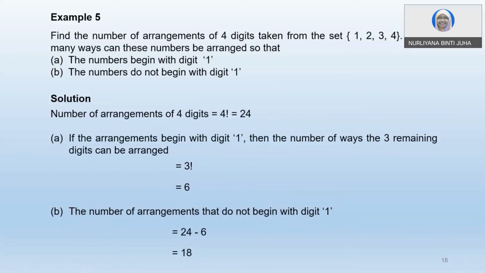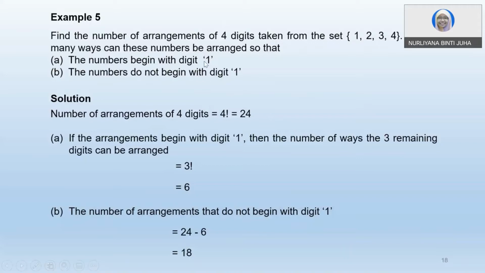Example 5. Find the number of arrangements of 4 digits taken from the set 1, 2, 3, 4. In how many ways can these numbers be arranged so that A, the numbers begin with digit 1, and B, the numbers do not begin with digit 1. So we have two options.